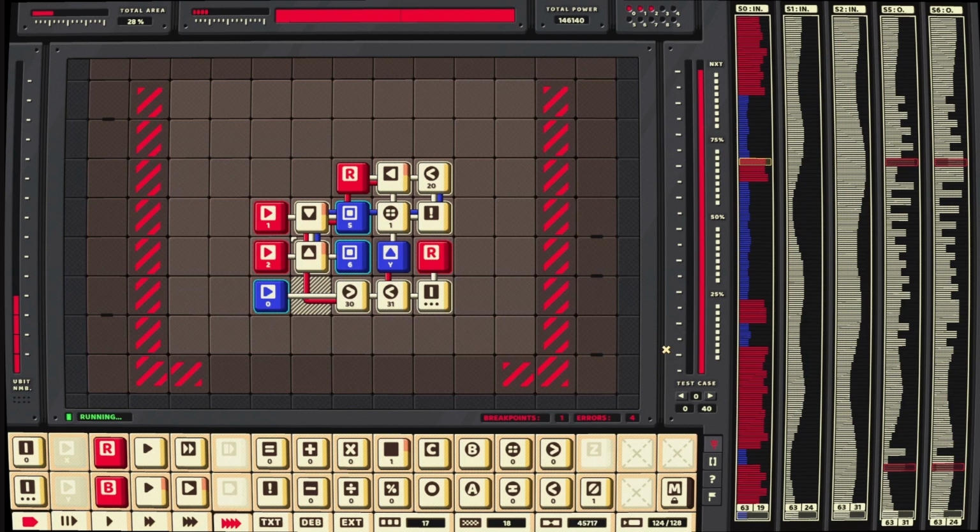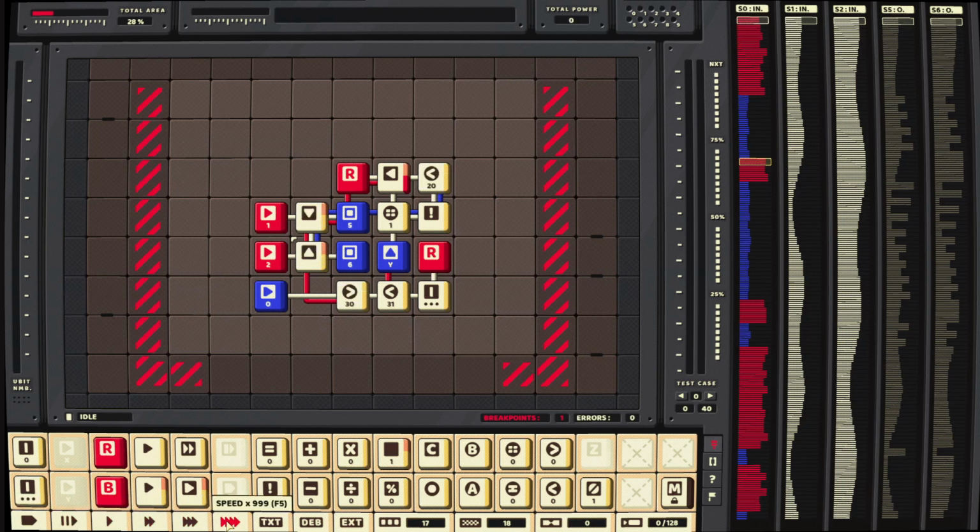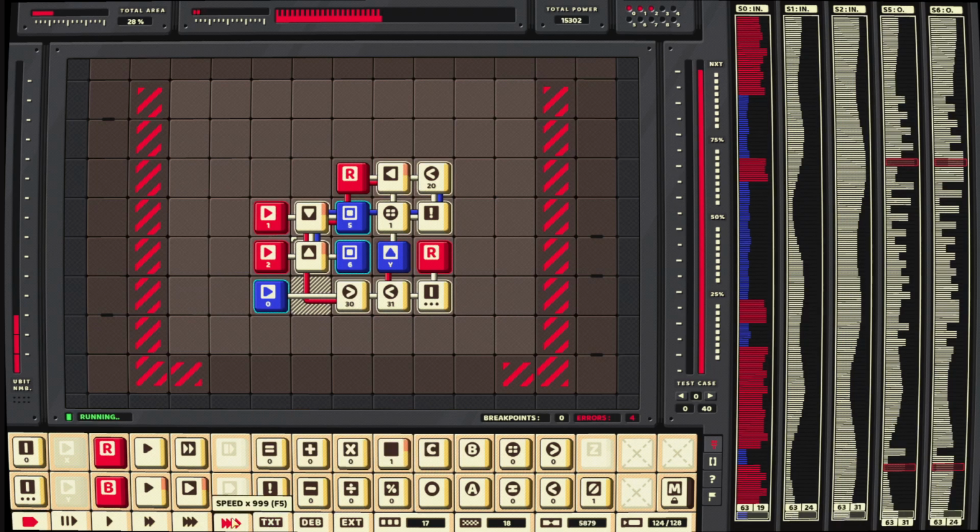Errors happened, huh? Why is the cycle count still going up when nothing is happening? I don't understand that. Take away my breakpoint. Go.